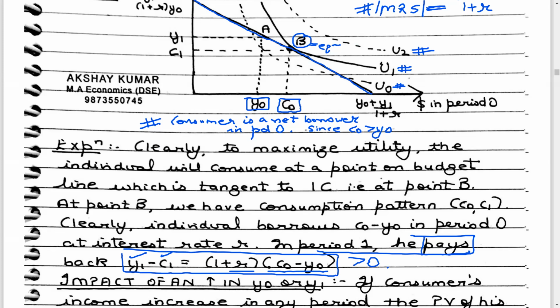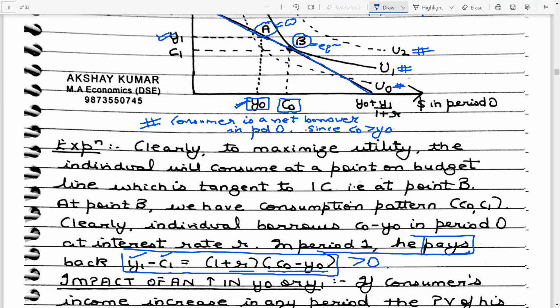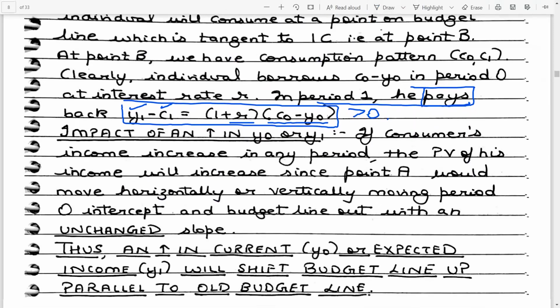Now guys, all of you recall what happens if endowment goes up. You can clearly see that point A in this picture depicts the endowment. Point A is our endowment. It comprises Y0 and Y1. Now let's look at the impact of an increase in Y0 or Y1.